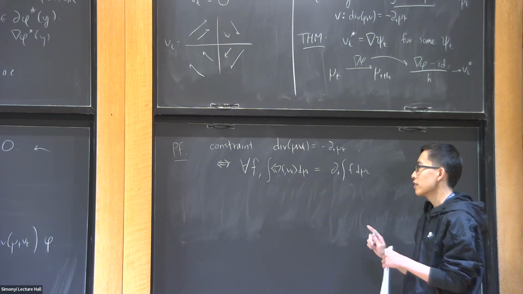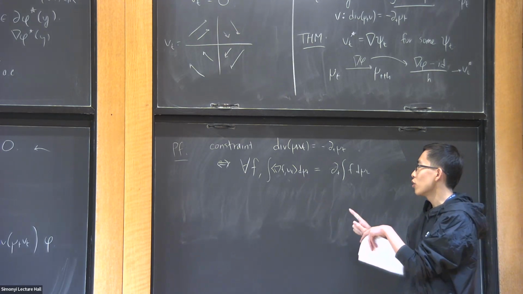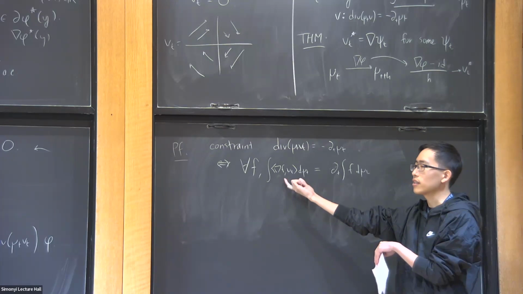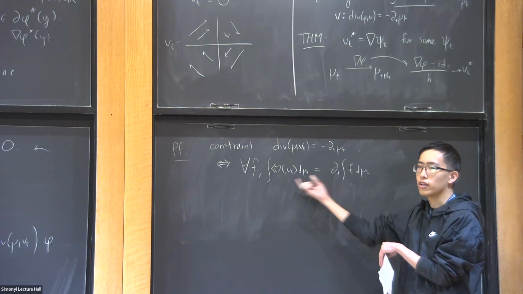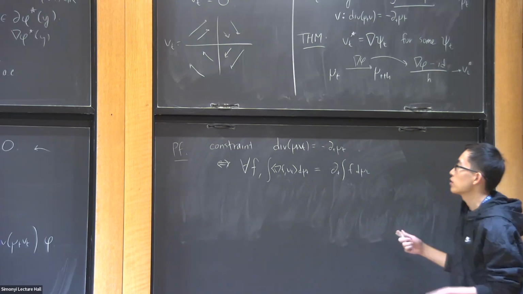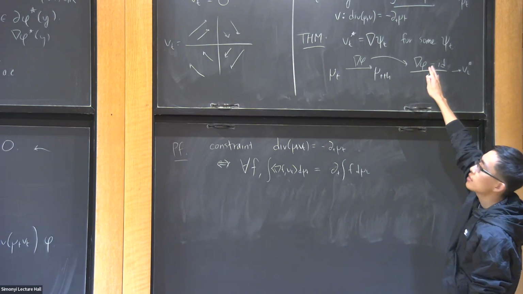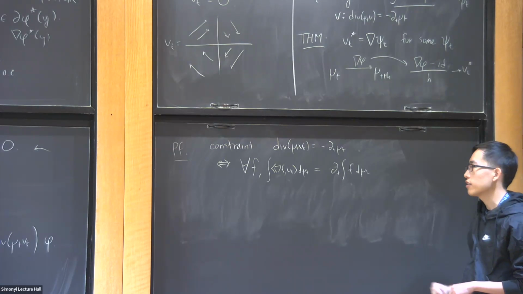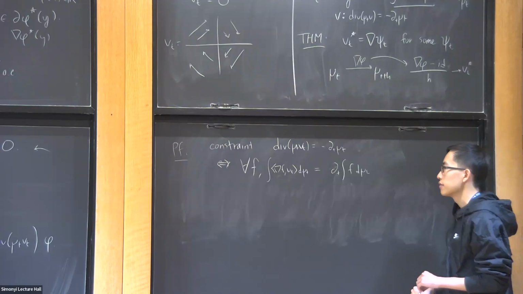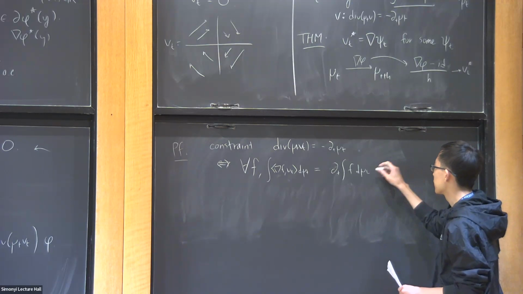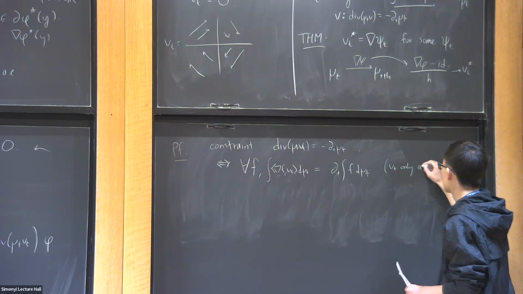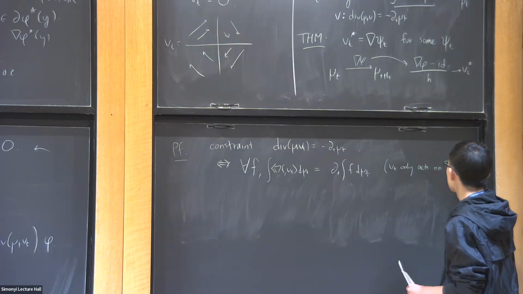If vt had any component orthogonal to the space of gradients, it would not change this left-hand side at all, so the constraint wouldn't care. But since we're minimizing the kinetic energy, we want to eliminate that orthogonal component. So you should end up with vt also being the gradient of a function. So vt only acts on gradients.